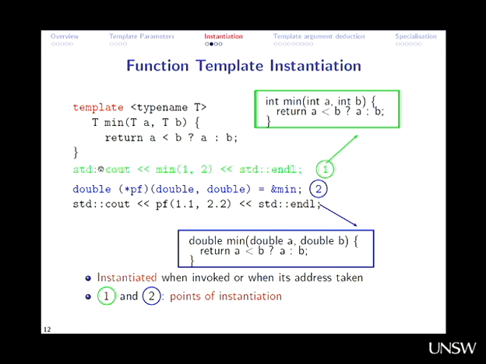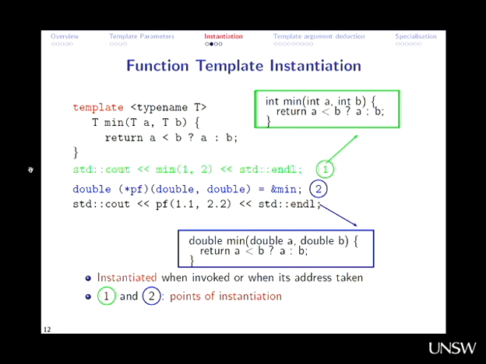When we hit the line std::cout min, at this point, it goes and creates the function that's required for this line of code to work. On the next line, we create a function pointer to that min function. When we create the function pointer to that min function, bang, the second version of it goes and gets compiled.